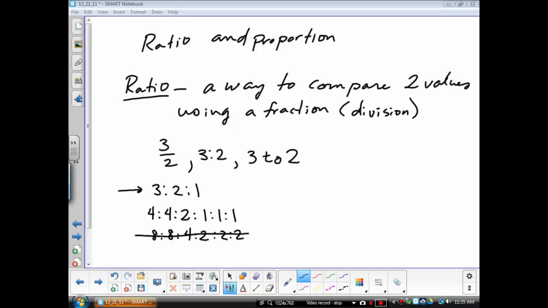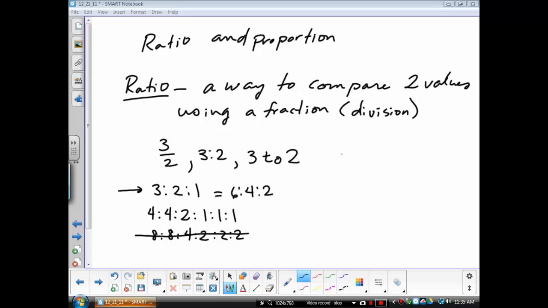So we double this and we say, okay, well that's the same thing as 6 to 4 to 2. Okay? Now, whenever you're working with equal ratios, you are working with a proportion.